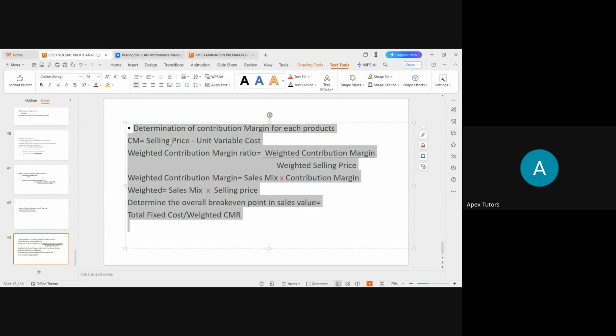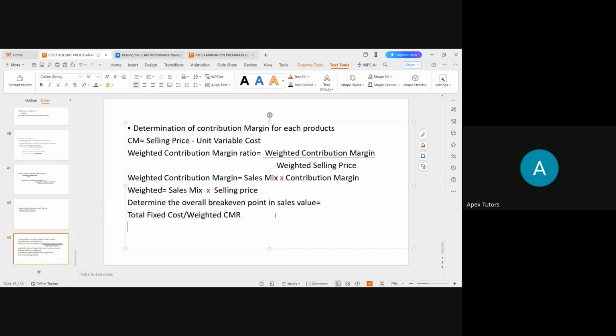Once you understand mix, we're going to see this application in one of the questions. But you must be able to interpret all this for you to navigate well. So this is the determination of the overall break-even point in sales value.